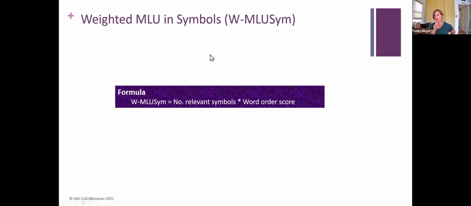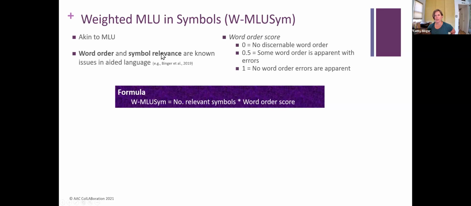So we're taking two issues that are unique to aided AAC into account. One of them is symbol relevance, and we already talked about this in a former focus group. So we're only looking at the relevant symbols, and we're not doing anything with the symbols that we determine to be irrelevant. We're also looking at the word order.